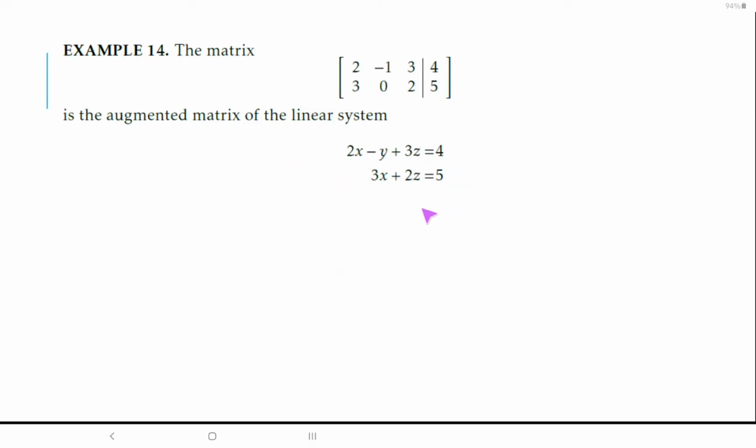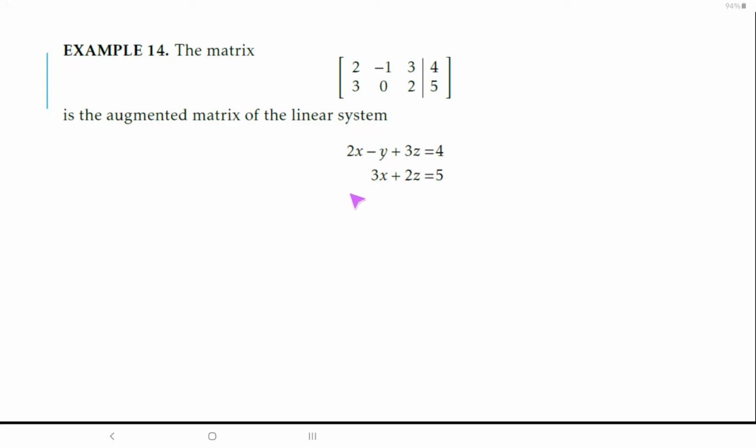Okay. Again, let's find, given the augmented matrix, hanapin natin yung linear equation. So, it's customary to use the variables x, y, z, because pag ABC yung ginamit, parang ang dinedenote kasi nun ay yung entries ng matrix natin, di ba?